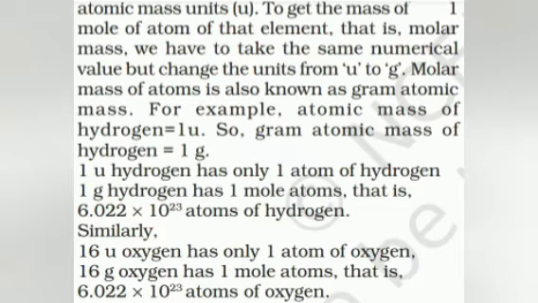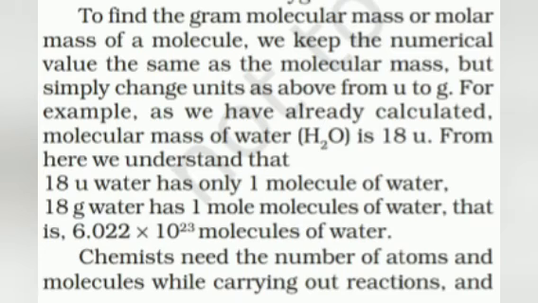Similarly, 16 u of oxygen is 1 atom of oxygen, and 16 gram of oxygen has 1 mole of atoms. 1 mole corresponds to Avogadro's number of atoms of oxygen. So to find the gram molecular mass, or the molar mass, of a molecule, we keep the numerical value the same as the molecular mass, but simply change the unit as above from u to gram.